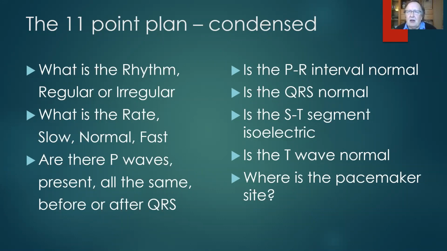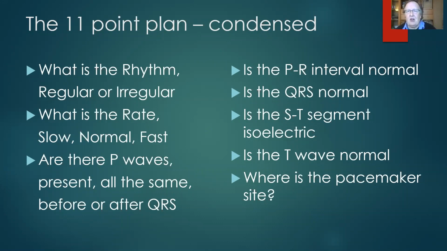Is the QRS complex of normal duration? That should be 1 to 3 small squares, or 0.04 to 0.12 seconds. So here, if the QRS complex is 1 to 3 small squares, normal conductivity is happening.